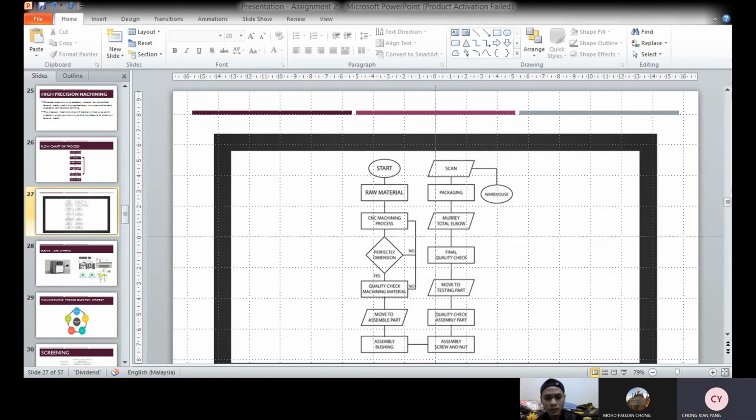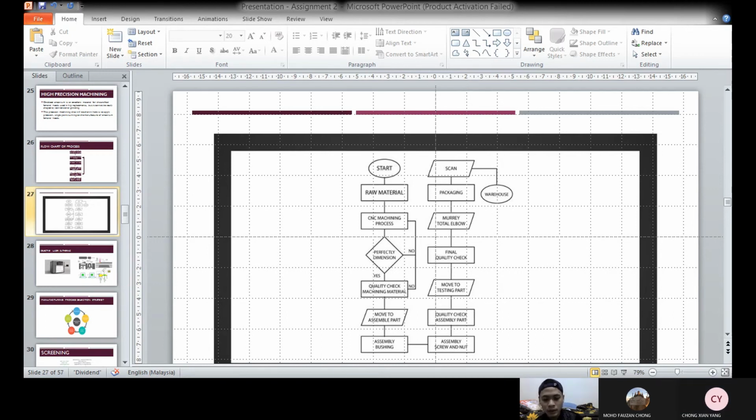We start from raw material to the CNC machining process to perfect it, so we can decide it has the perfect dimensions, and we can check the quality of the machined material and move to assemble the part. Next we assemble the bushing, screw and nut.